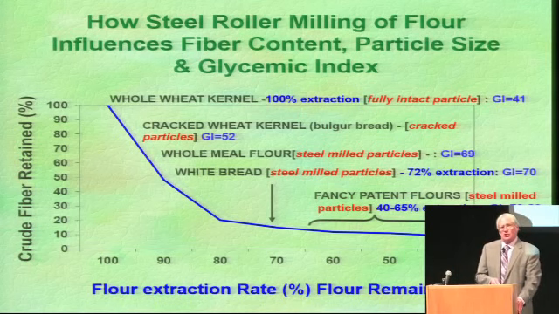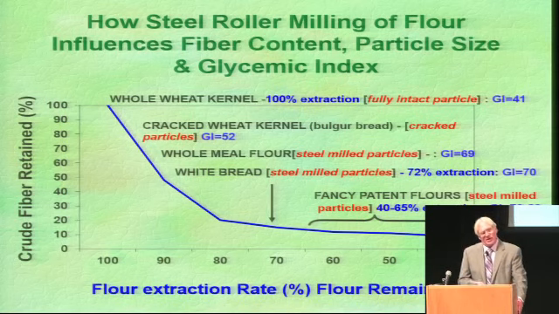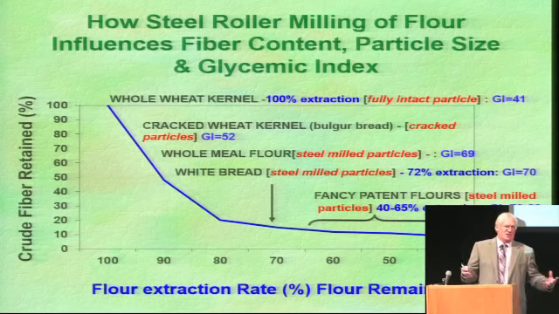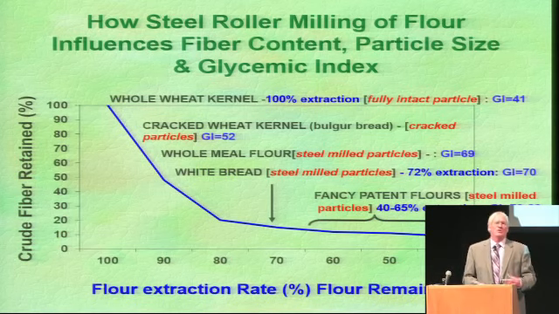In this chart, you can see you can start off with a whole wheat kernel, and it has a very low glycemic index. And the more fiber and bran we take out, the higher the glycemic load becomes. So we produce this nice, beautiful, white, uniform flour, but physiologically we do all kinds of damage to our bodies.